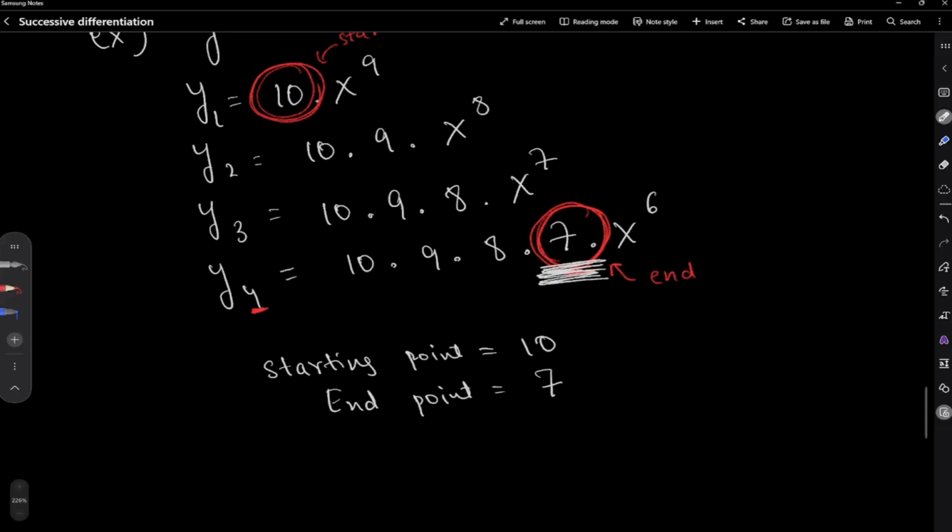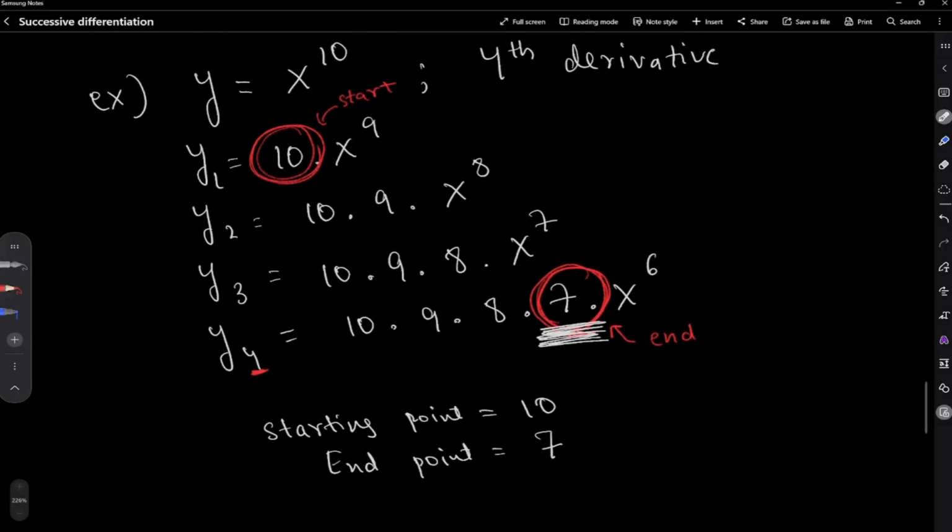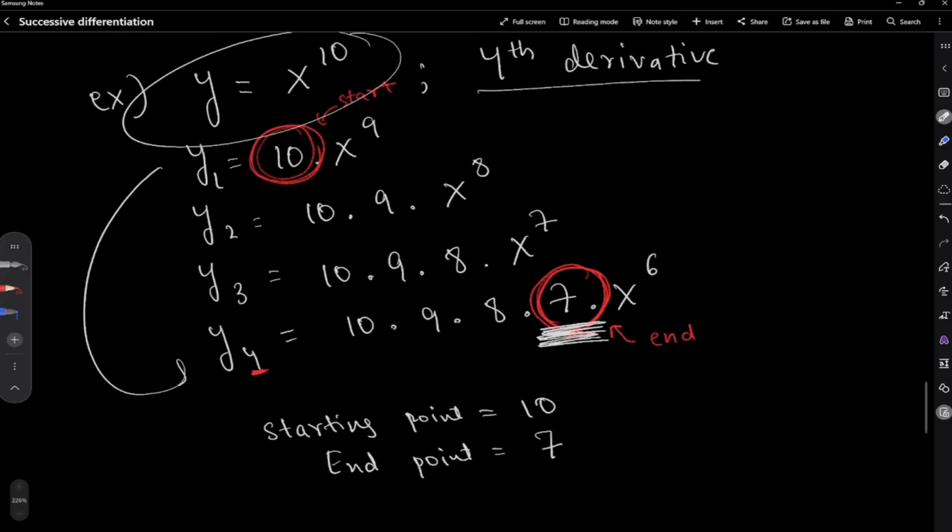For example, in this equation, we need to stop multiplying at the fourth derivative, which is 7. But the computer doesn't know that. If I just write dots, it won't know unless I tell it a specific number. It needs precision. So for higher values, we need a simpler formula to save us some time and our sanity.